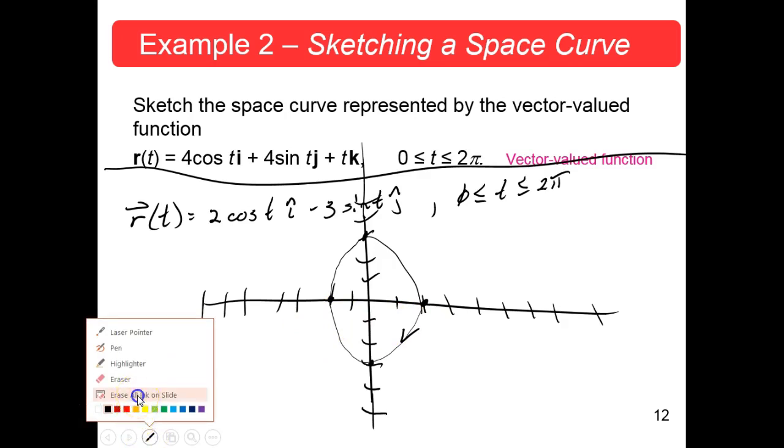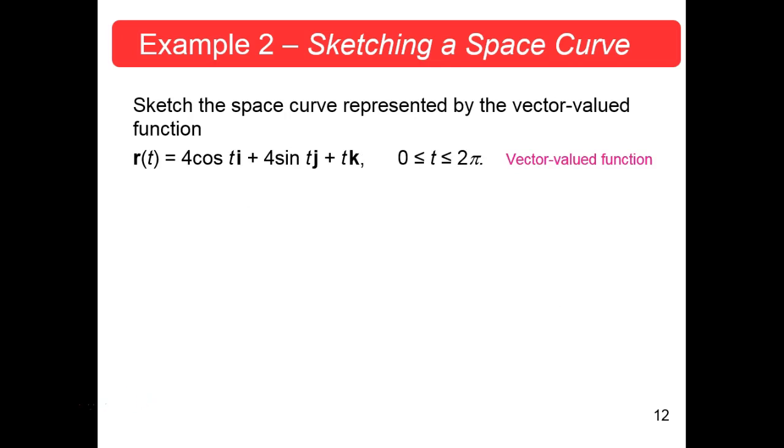Okay. This is example 2. Sketch a space curve represented by the vector value function 4 cosine t i plus 4 sine t j plus t k. All right. That previous one was fairly easy.